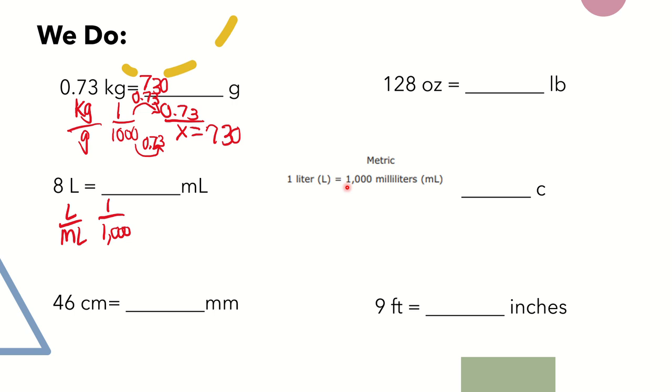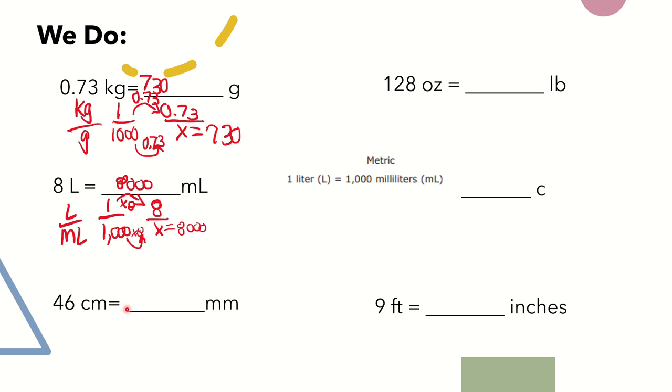I can easily see the relationship where I go 1 times 8. And whatever we do to the top, we can also do to the bottom. So 1,000 times 8 gives me 8,000. So we know that 8 liters is equal to 8,000 milliliters. Let's continue.